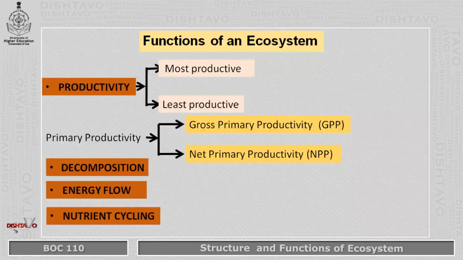So in further modules, we will also be learning about the energy flow. We will be learning about nutrient cycling, because these nutrients need to keep cycling from producers to consumers, from consumers to decomposers, from decomposers back to earth, and from earth back to the producers, and the cycle goes on.